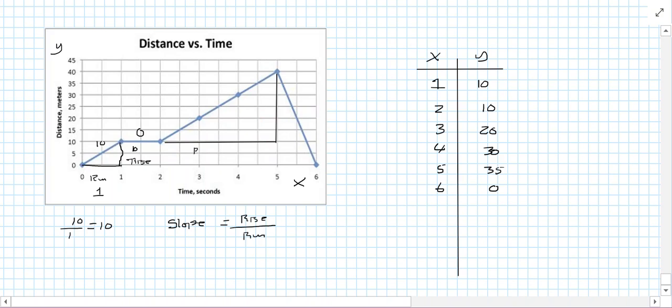So this line here is the rise, and this line is the run. So the run, if we think about what that is, we're going from 2 up to 5. So 2 to 5, that's 1, 2, 3. So the run is 3.